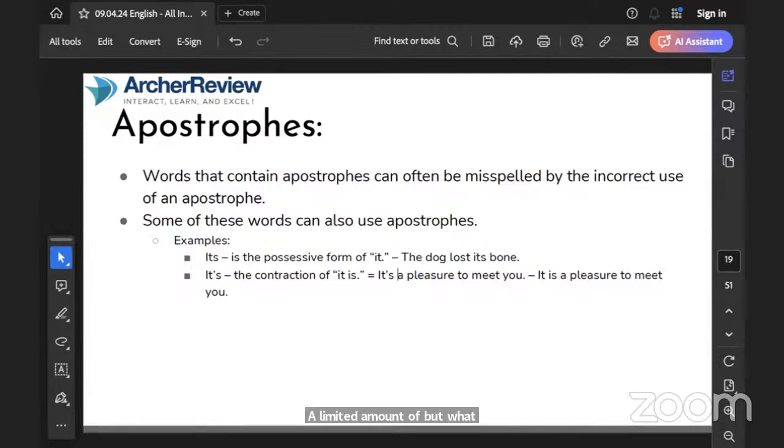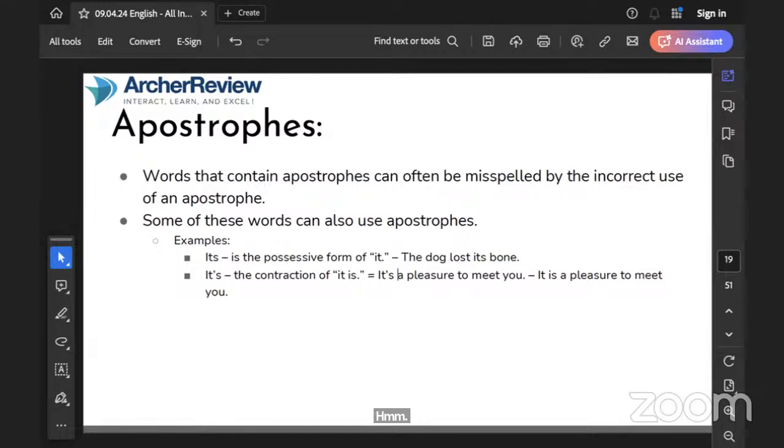But what you're asking me about is the homographs. Let me make sure. I'm trying to recall off the top of my head. So let me see if I can find an example of that for you. If it's spelled the same, like, let's see. BASS.